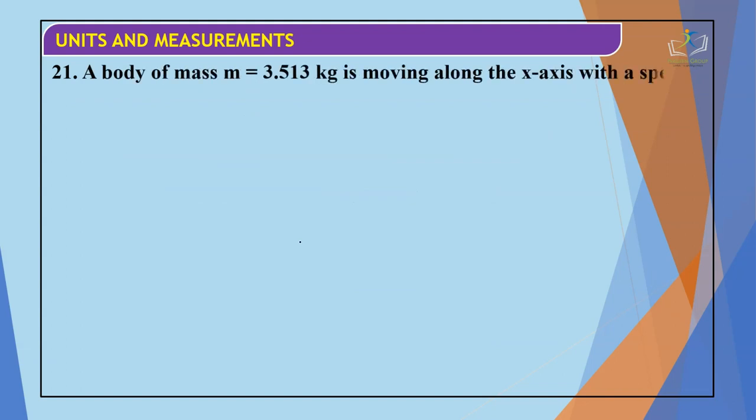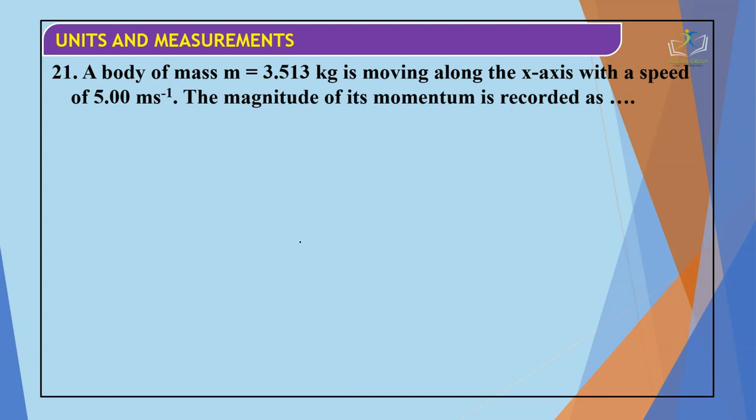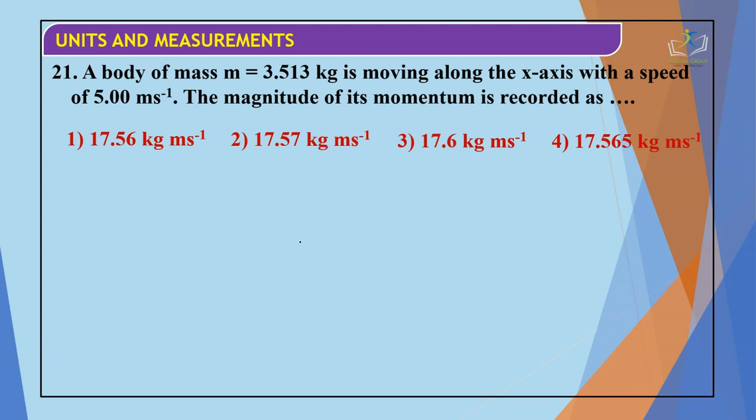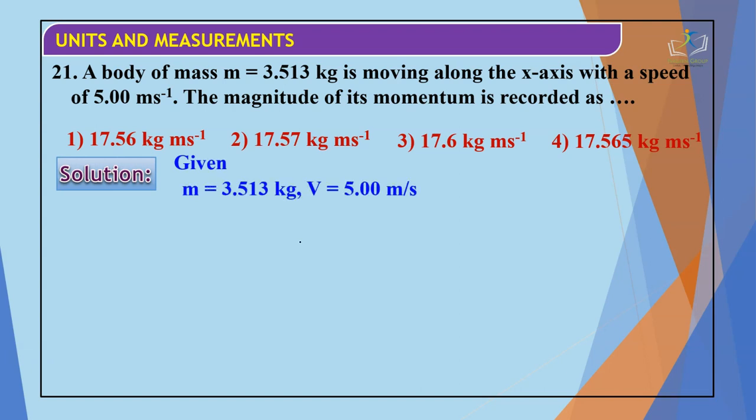Next question we have: a body of mass 3.513 kg is moving along the x-axis with a speed of 5.00 meter per second. The magnitude of momentum is recorded as, and we have these options. The solution: the formula of momentum p is equal to mv.